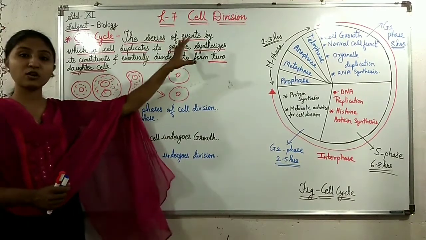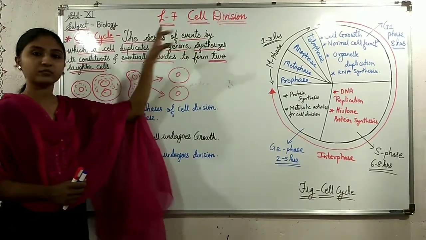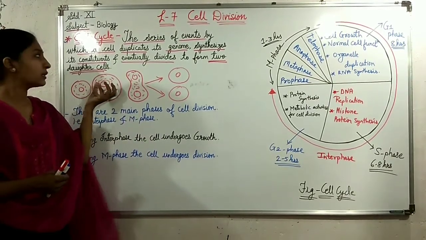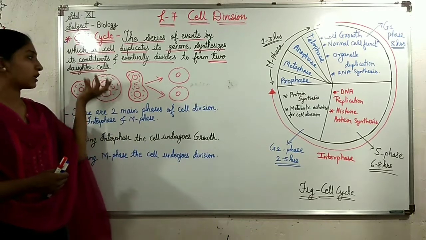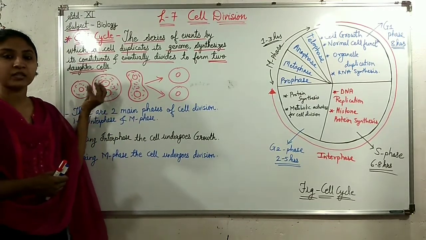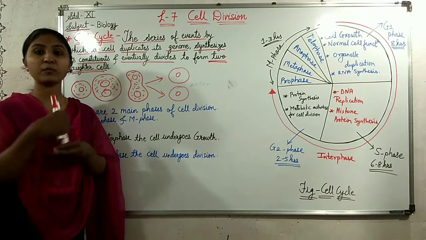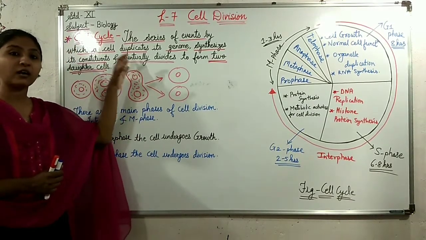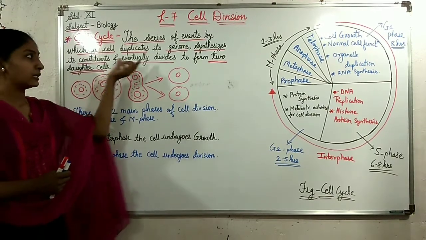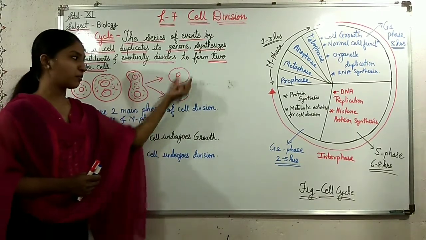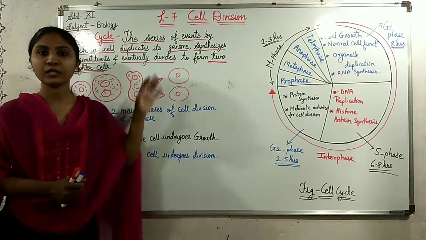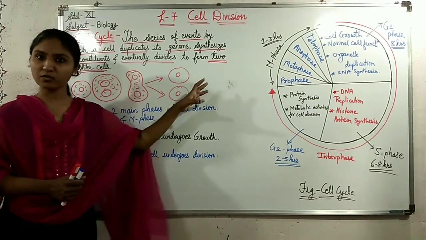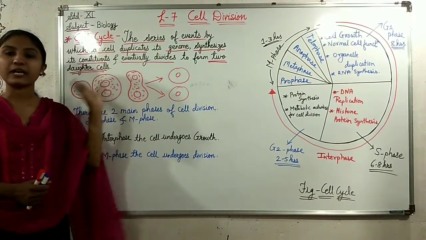In this series of events, the cell duplicates its genome and organelles, and it synthesizes the constituents present inside it. The formation of proteins occurs inside the cell, and after the whole process is completed, the cell eventually divides to form two new daughter cells.